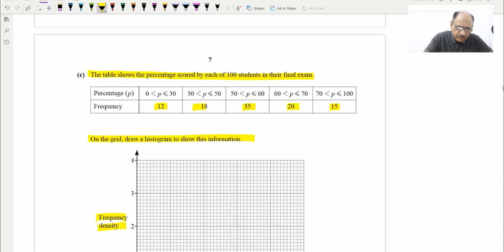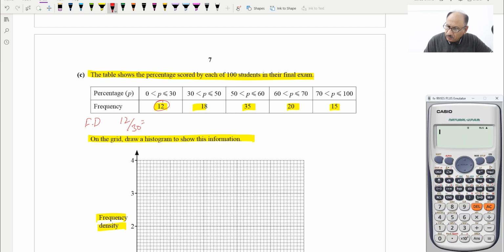So frequency density we can calculate. This will be frequency divided by the class width. So 12 divided by 30, which will be equal to 0.4.